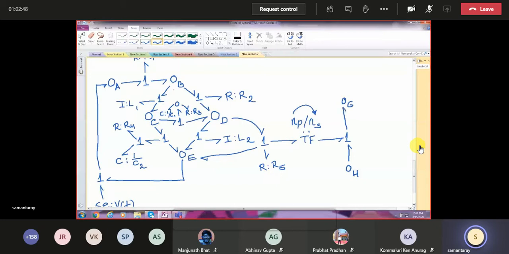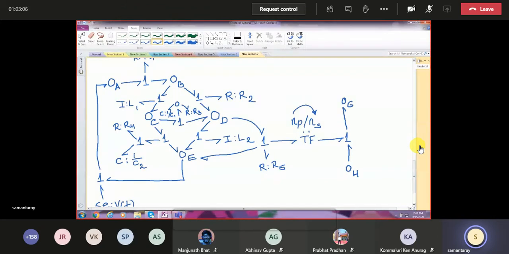Here, you are taking 0B minus 0C. If required, you can take 0C minus 0B. It doesn't matter. It's like choosing a direction of current. But you should not make 0B plus 0C. Always take a difference.